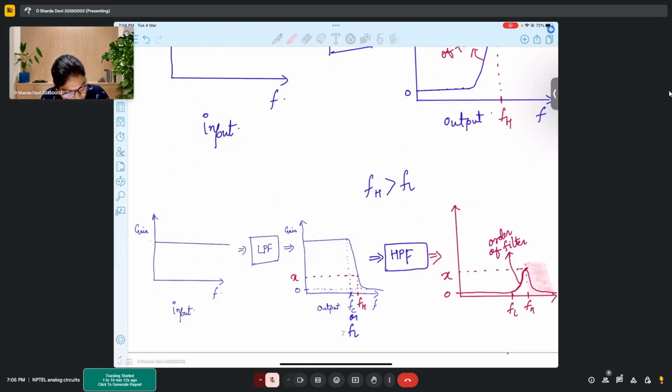This particular region transfers to your output. So these two are same.